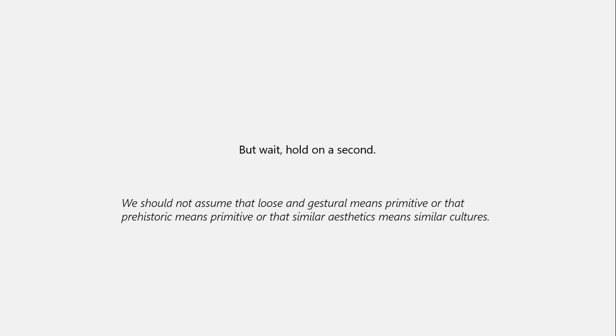Put another way, those cultures in the world that are quote unquote primitive, meaning that they don't have a writing culture and they don't have industrial culture, are assumed to be similar to lots of the prehistoric cultures that we can guess about, because they didn't have writing either. It's kind of assumed that therefore they're similar to each other. And I don't think that's a correct assumption. That is a mistaken assumption.